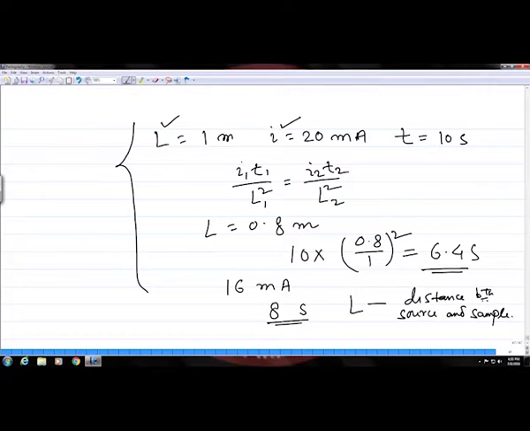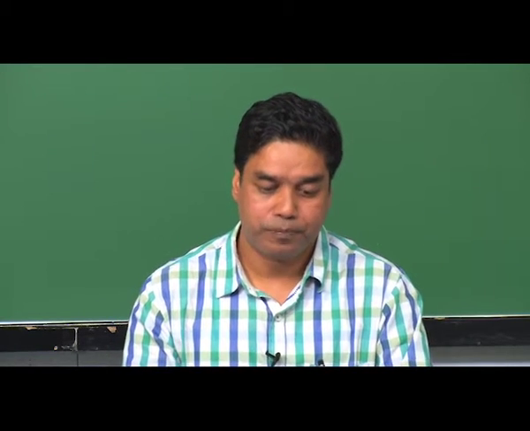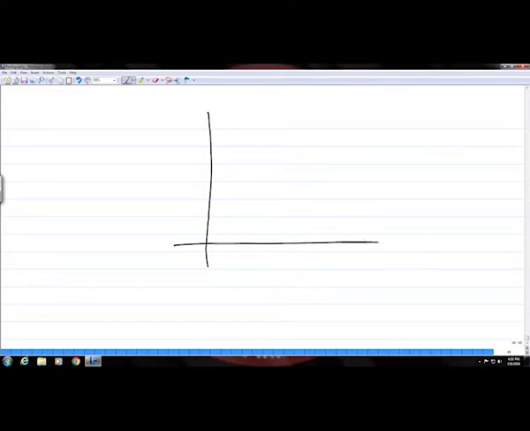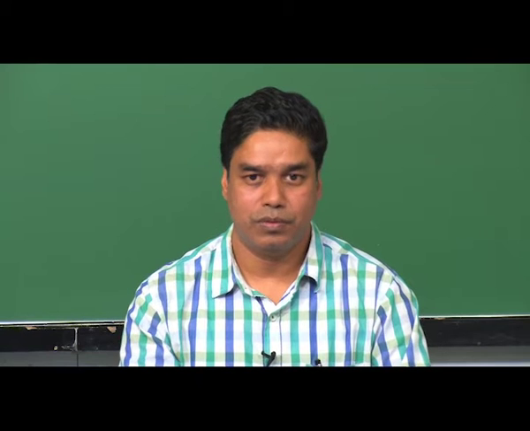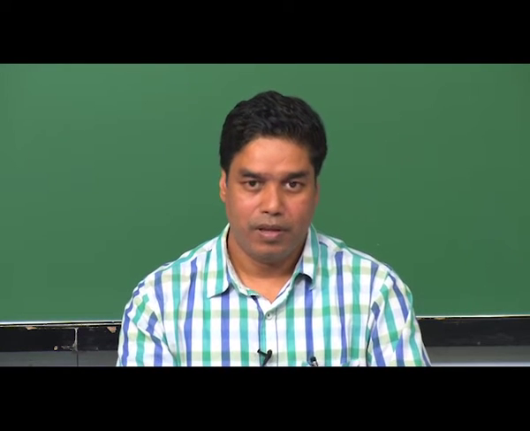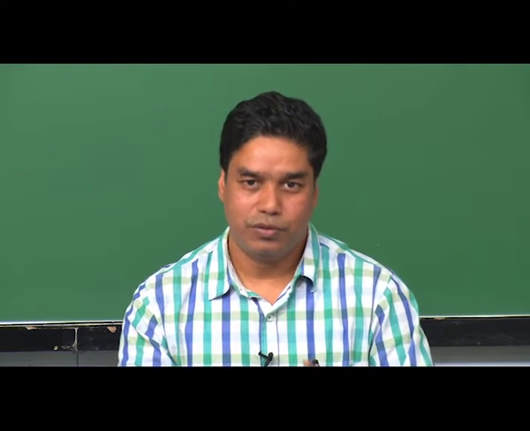But as I said before, this will also depend on the sample thickness, and when you take into account the sample thickness also, then you need to use these calibration charts which are obtained for different sample thicknesses, and this has to be supplied by the manufacturer of the instrument who has to do this calibration and provide you this kind of exposure charts for different sample thicknesses for a particular sample to source distance.